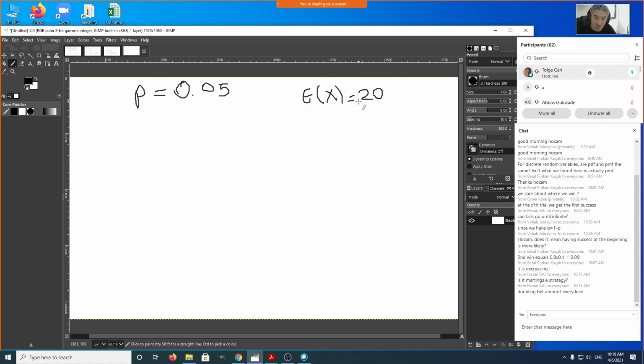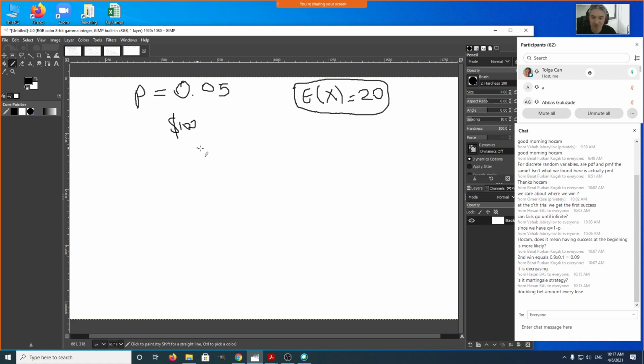But with the expected trial number of 20, which is 1 over 0.05, that's going to be your first win. So imagine you want to win, for example, $100. In order to play with this strategy, you have to be really rich in the first place, because you are going to see that in order to win $100, you'll have to bet a lot.